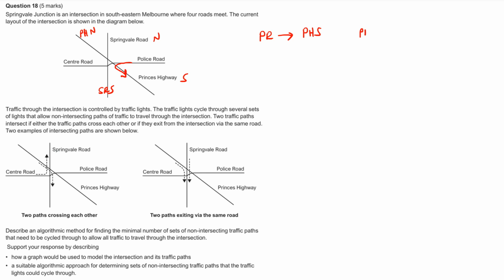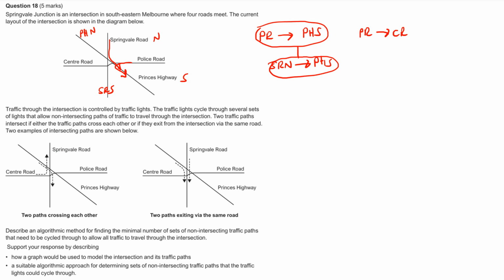I can also have traffic going from Police Road to Centre Road. That's no problem. And I can have traffic going, so just taking this one as my frame of reference, traffic can also be going that way. What we couldn't have though is Springvale Road North traffic going to Prince's Highway South, for example. So we couldn't have traffic coming from here down to here. Let's assume this isn't one of those nice gentle filter lane bits. So we would have an edge there.